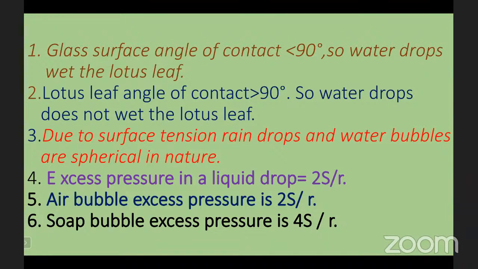The air bubble excess pressure is 2S by r. Why? Because there is only one surface. The soap bubble excess pressure is 4S by r. Why? Because there are two surfaces. That means 2 into 2S by r equals 4S by r.